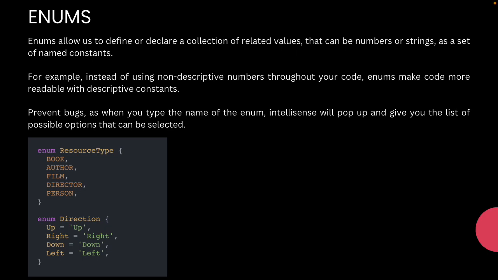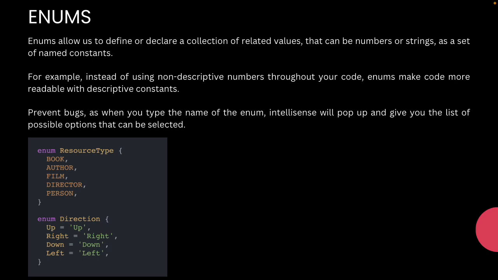The way we would use it is the keyword enum, then the name, similar to how interface was written, looks very similar. Enum, the name, and then like an object, but then you have is equal to, and then you can assign that value here. So the first one is something called numeric.